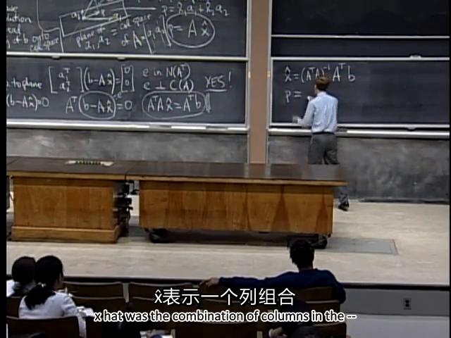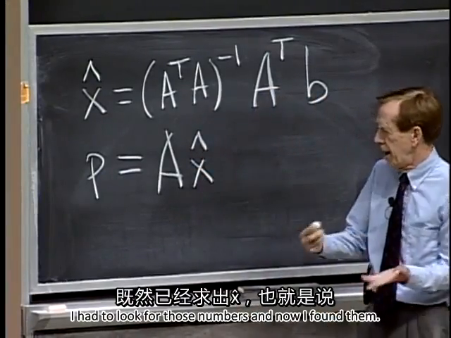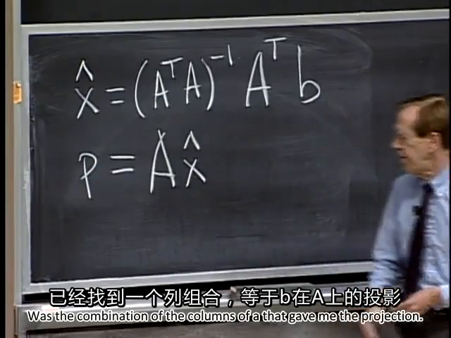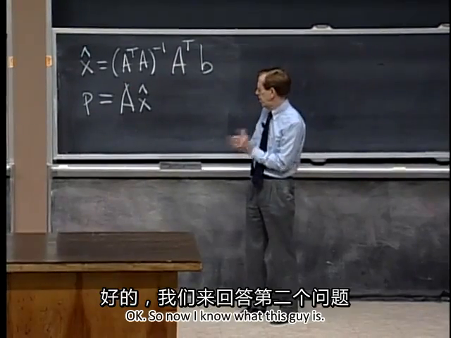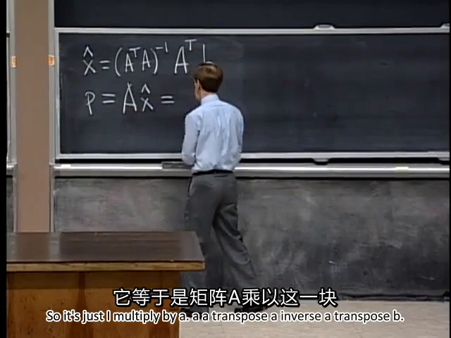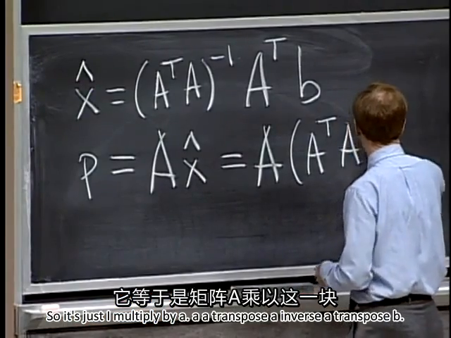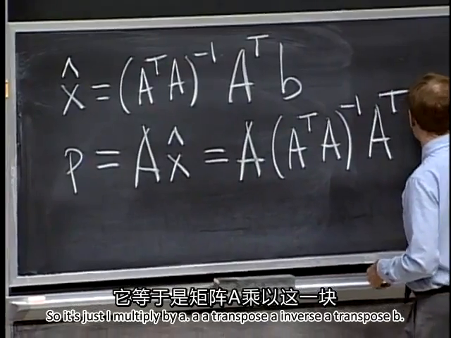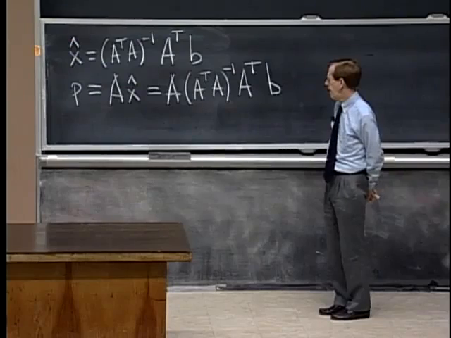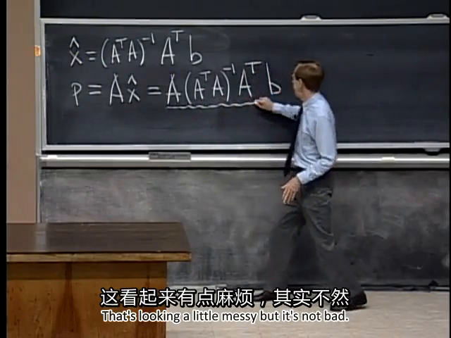That's how x hat got into the picture in the first place. X hat was the combination of columns, those numbers I had to look for, that gave me the projection. So now I multiply by A: A times A transpose A inverse times A transpose B. That's looking a little messy, but it's not bad.